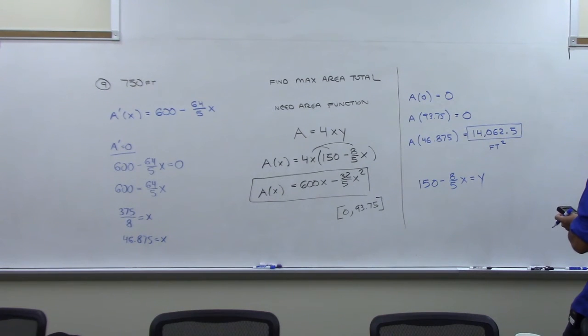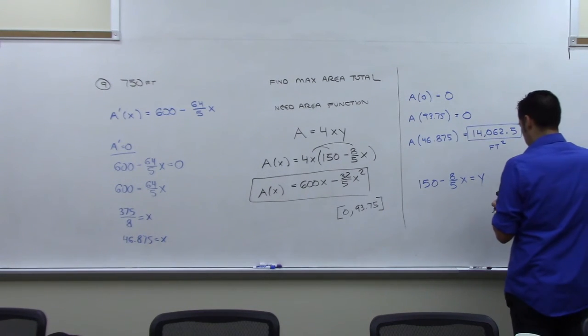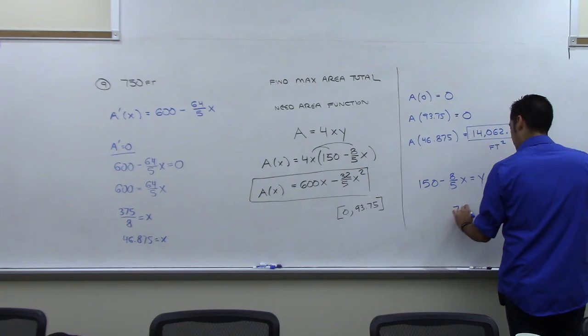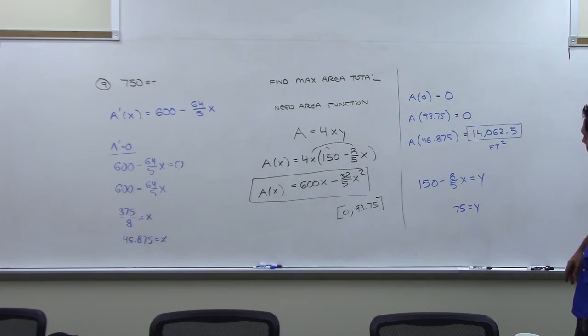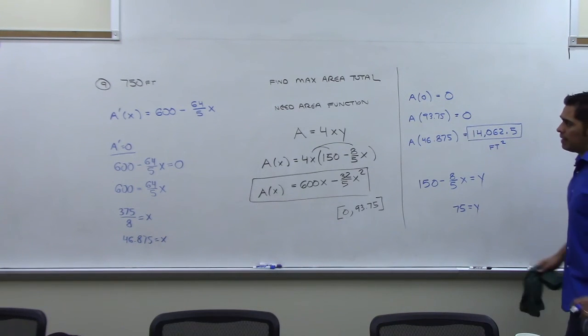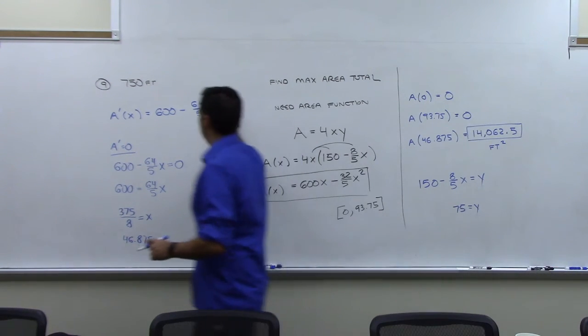I'll go ahead and do that. 8 times... Should get 75 for y. So if y is 75 feet and x is 46.875, then you will have the maximum possible area.